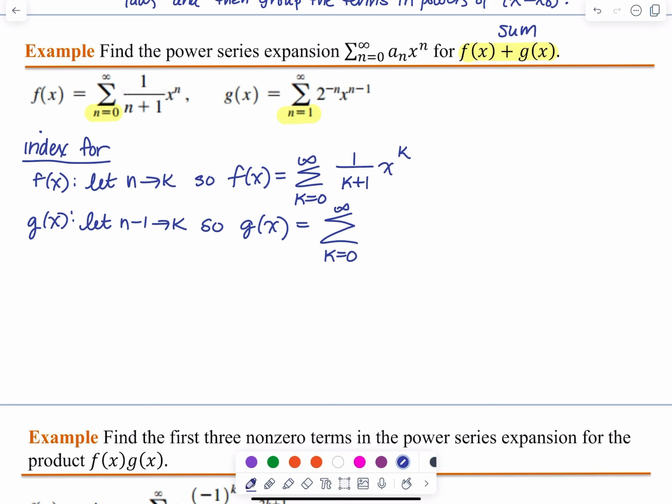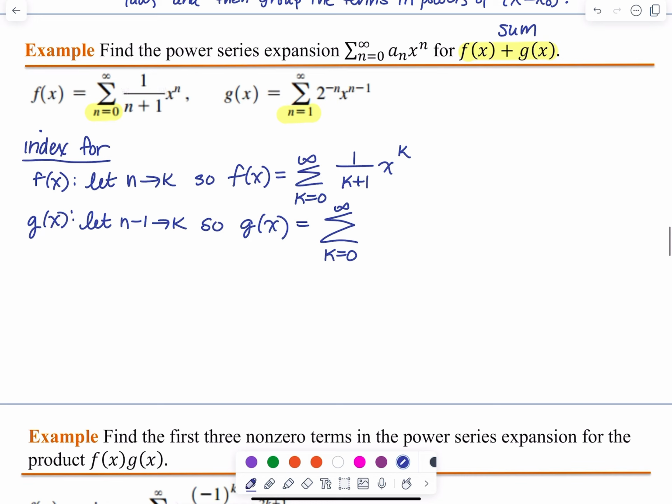And so now let's talk about this for a minute. If we let n minus 1 approach k, so n minus 1 is equal to k, so n is equal to k plus 1. And I also want you to see that when n is equal to 1, k is equal to 0. So that's what we're going to have right here.